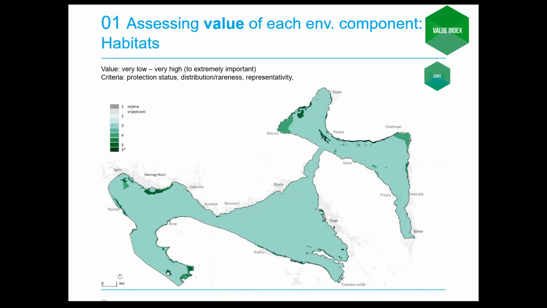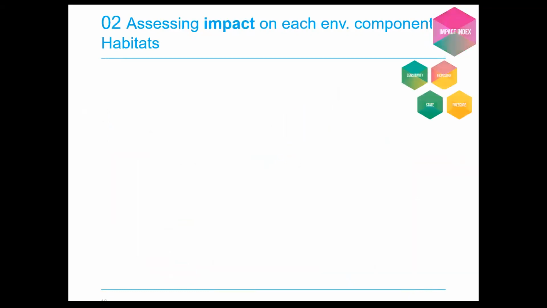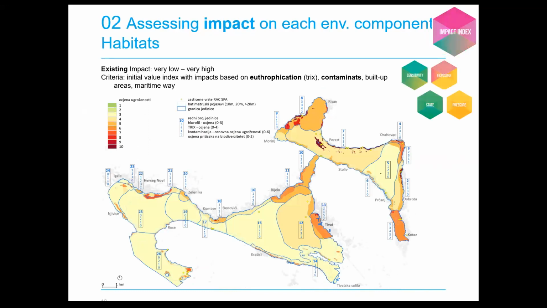These criteria involve protection status, distribution of habitat, rareness, and so on. And 5 would be the highest value. So in this map, the areas marked darker green are the areas that have a higher natural value.